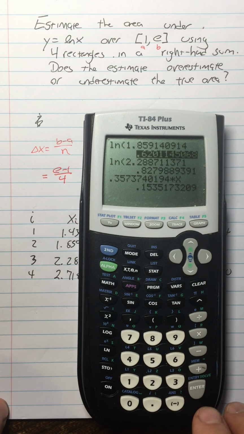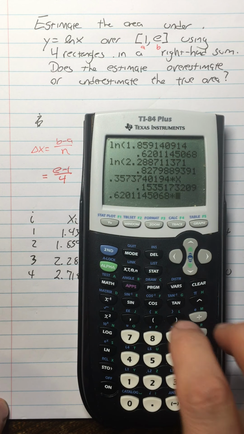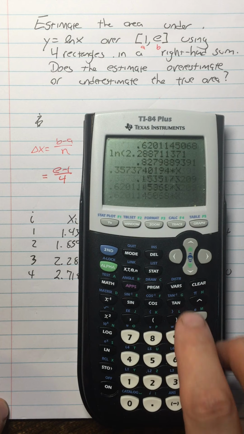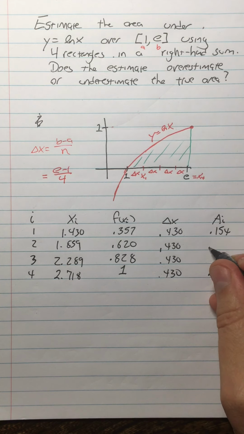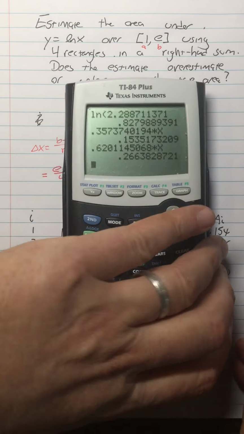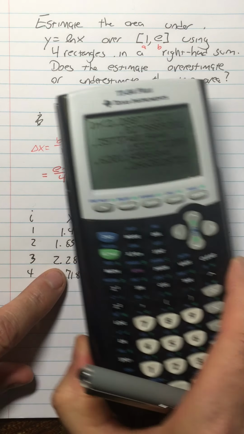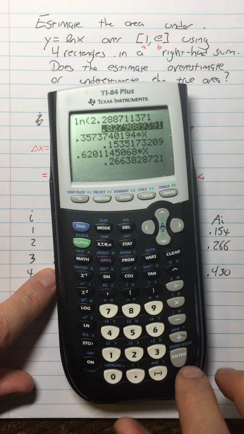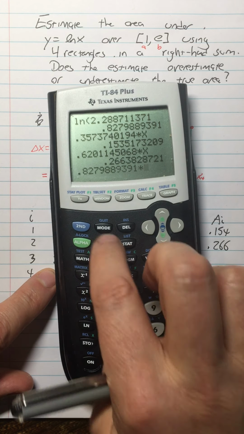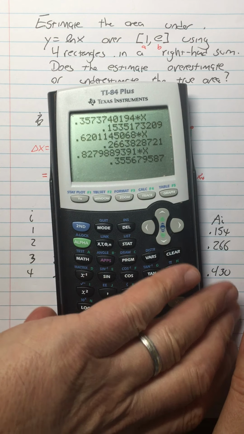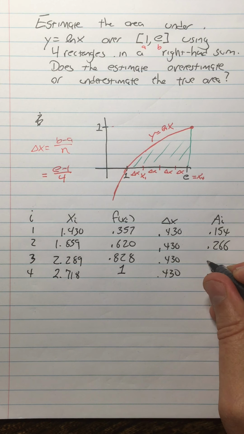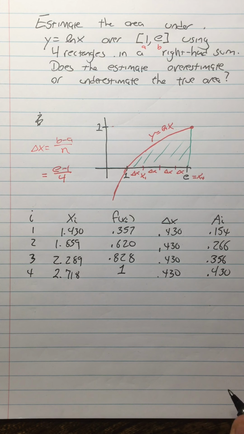See how I don't have to enter any of these numbers, and I'm taking advantage of the fact that I stored delta x in the variable x. Now I got 0.266, and then my last number, I have to take 0.828 times x, which gives me 0.356. And now I've filled out my chart.